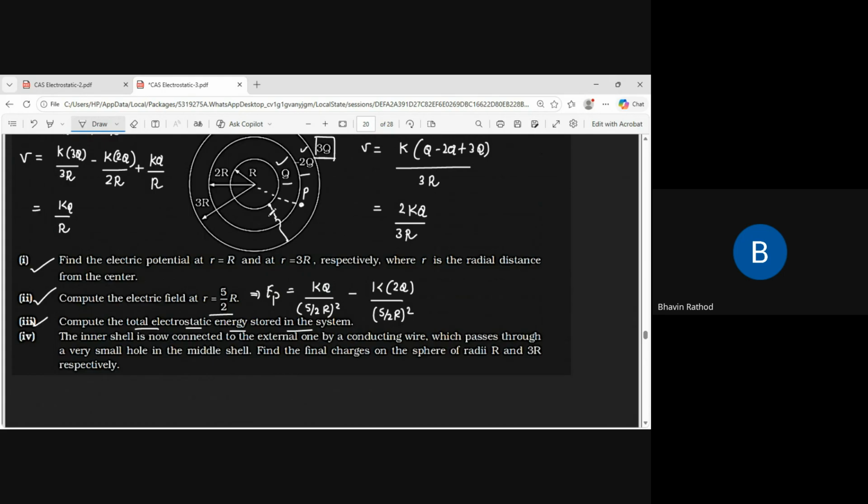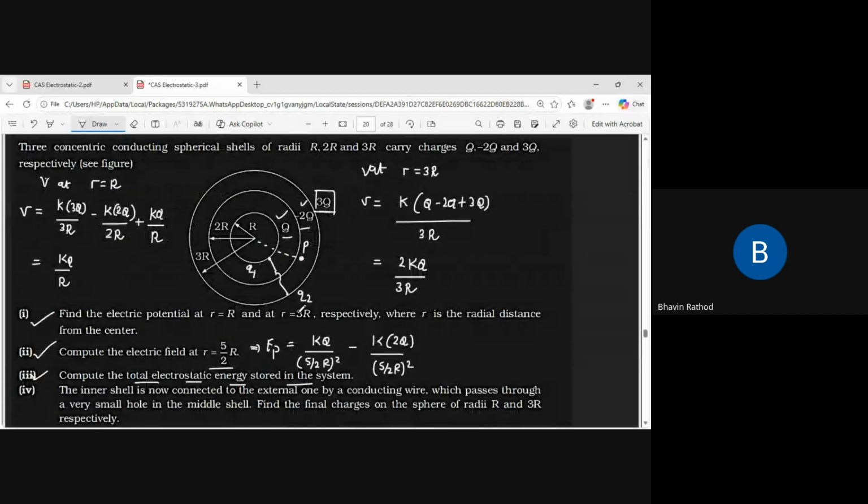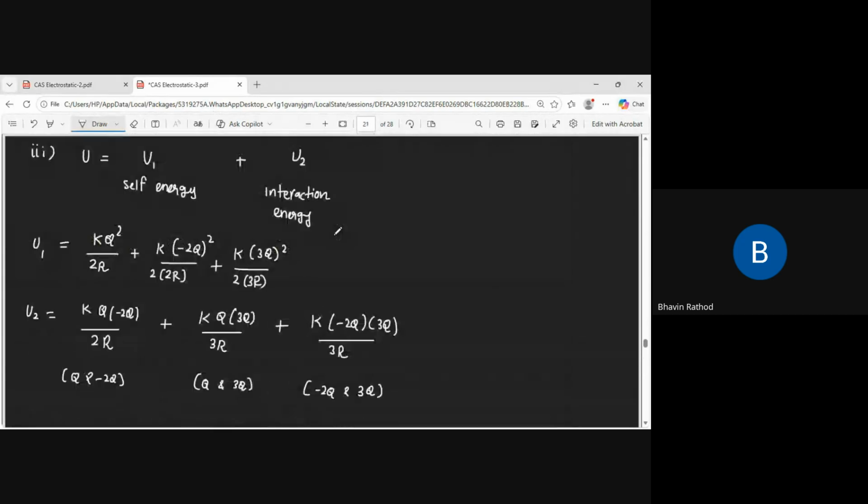Let us say that after connecting, the innermost shell has a charge Q1 and the outermost shell has a charge Q2. So right off the bat, we can say that Q1 plus Q2 has to be equal to 4Q. Q1 plus Q2 is equal to 4Q.